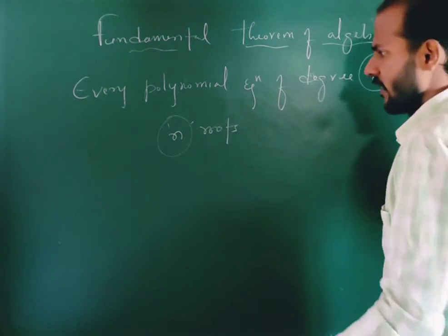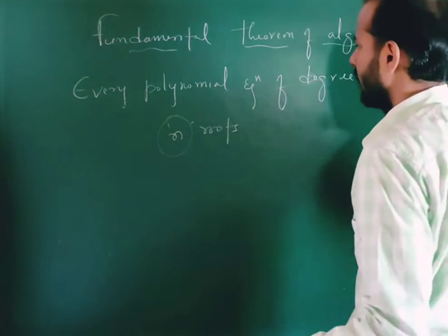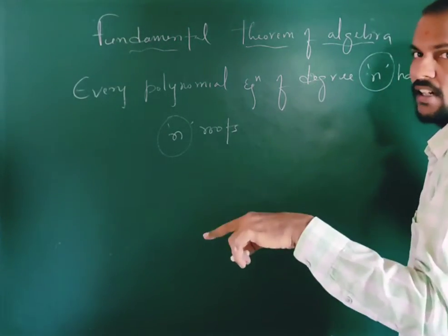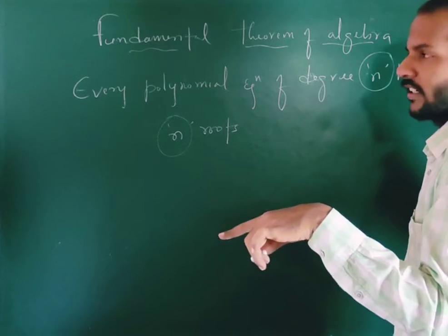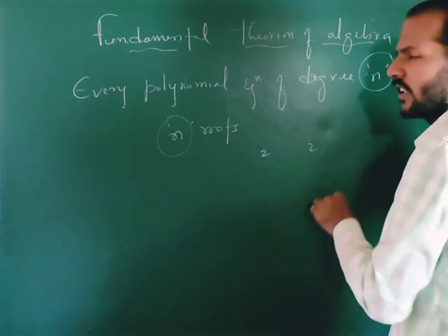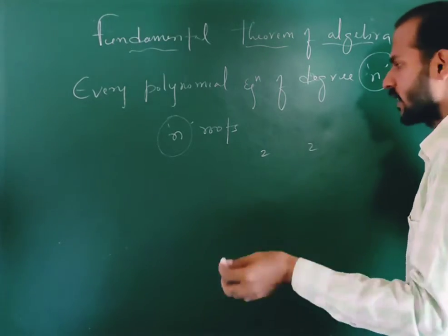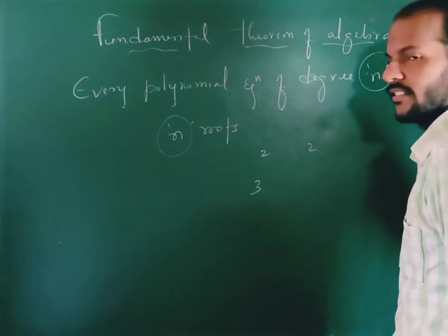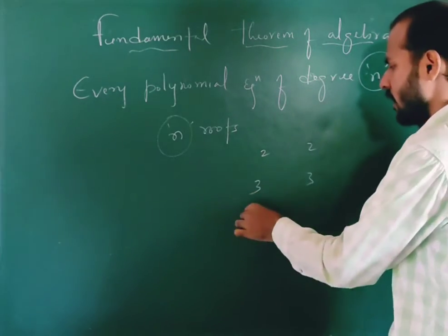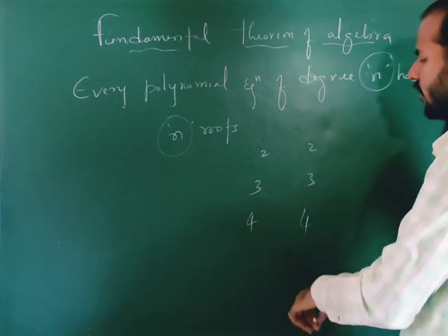If it is linear, the degree is 1, therefore we get a single root. If it is quadratic, the highest degree is 2, then we get 2 roots. If cubic, the degree is 3, then we get 3 roots. If it is biquadratic, the degree is 4, then we get 4 roots.